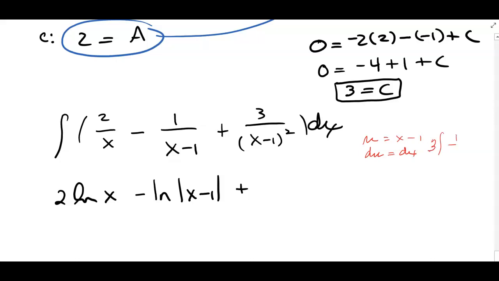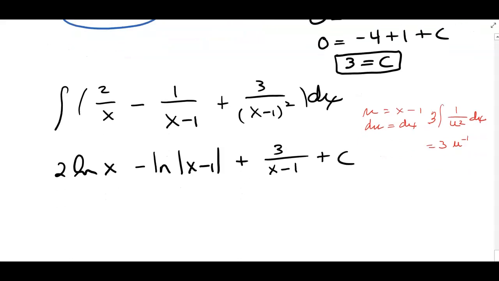3 ends up being 1 over u squared du, which gives you 3 u to the negative 1. So when you put it back in, it's 3 over, because it's 3 times 1, so we'll put the 3 back up here, over x minus 1, because when you plug in your x minus 1, it's to the negative 1 power, so that means it just moves to the denominator.